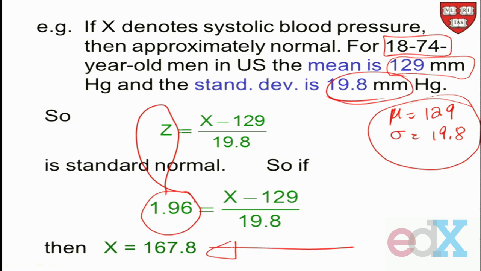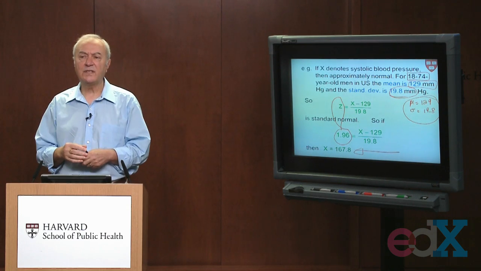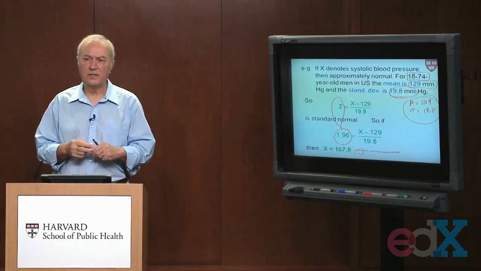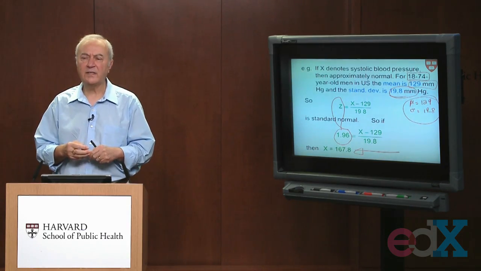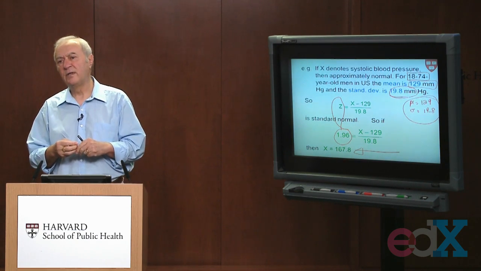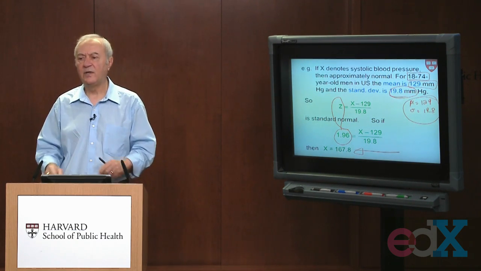So if that is an alarm, you can say, all right, if it's bigger than 167.8, this only happens 2.5% of the time. I should try and do something about that for my patient, or for all men in this age group who have systolic blood pressure above 167.8.